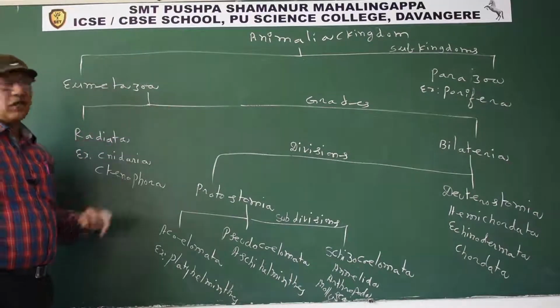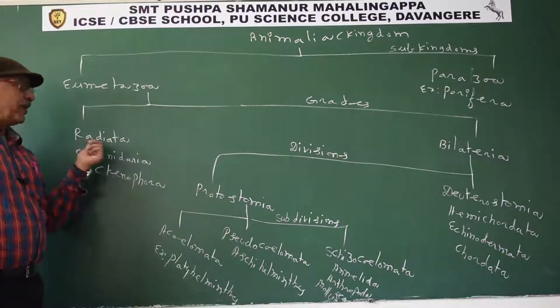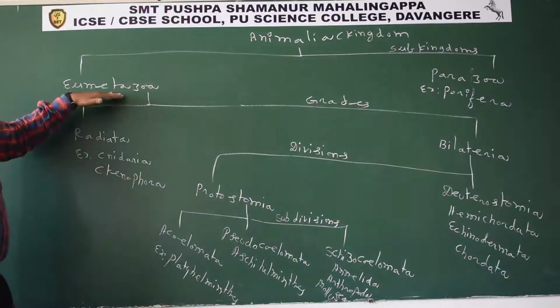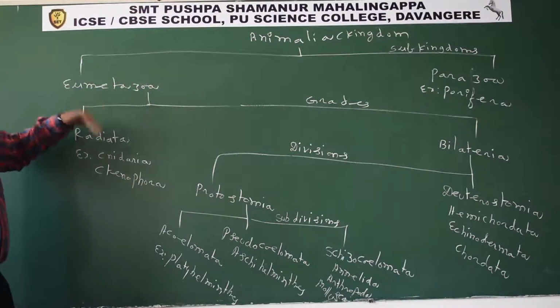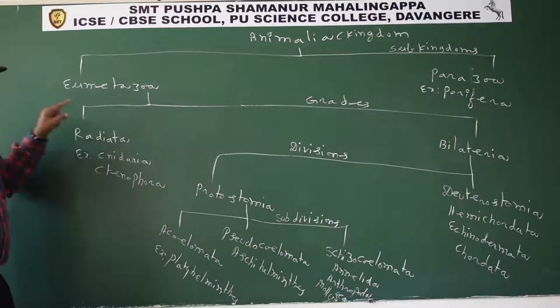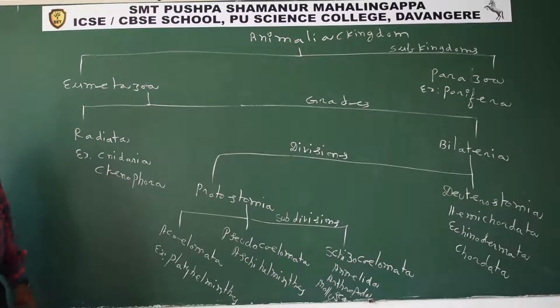Eumetazoa is classified into two grades: Radiata, Bilateria. The eumetazoans exhibiting radial symmetry are included in grade Radiata. Example, phylum Cnidaria, Ctenophora.